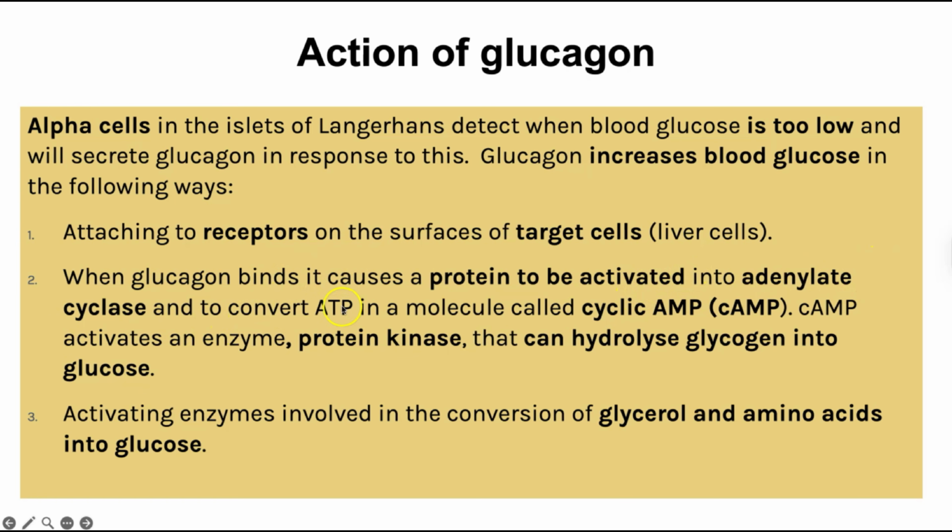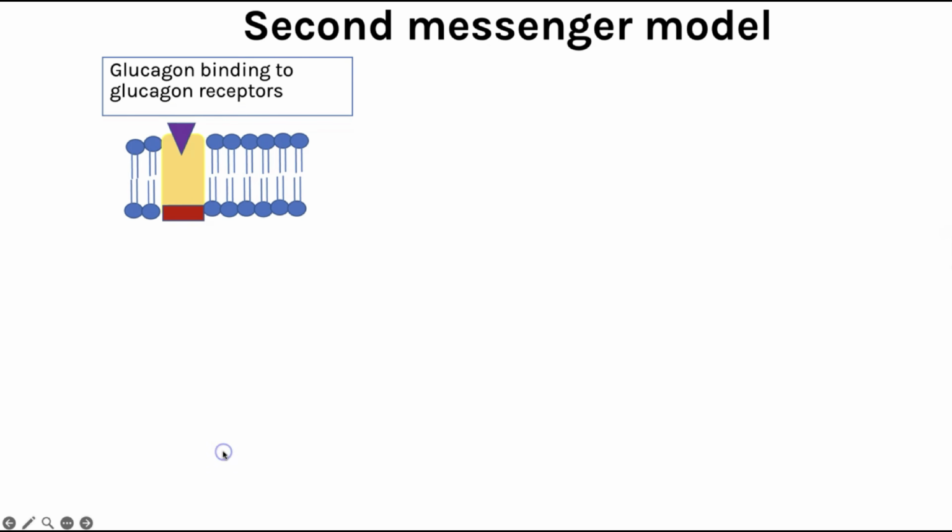That is converting ATP into cyclic AMP. Cyclic AMP activates another enzyme, protein kinase, and that's the one that hydrolyzes glycogen into glucose to release it back into the blood. Now, if your glycogen stores are used up, then you can also have the activation of enzymes that can convert glycerol and amino acids into glucose to be used as a respiratory substrate instead.